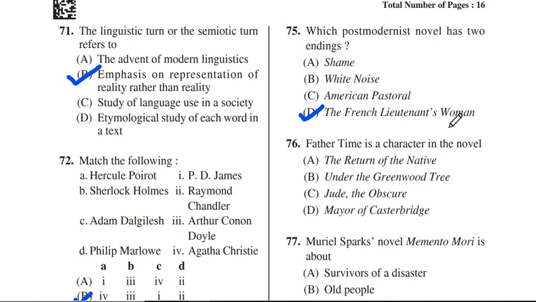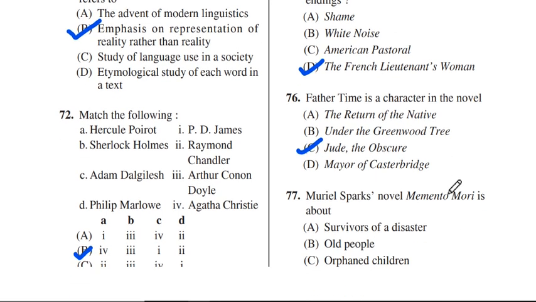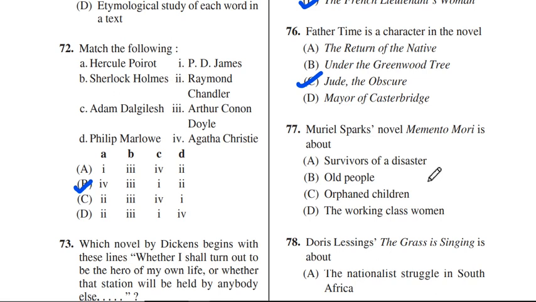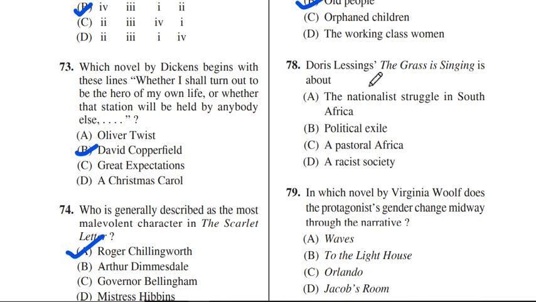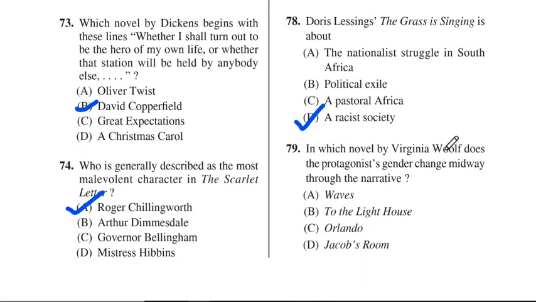So the next one is the 76th question. Father Time is a character in the novel Jude the Obscure. Next one, Muriel Spark's novel Memento Mori is about old people. Next one, Doris Lessing's The Grass Is Singing is about a racist society.